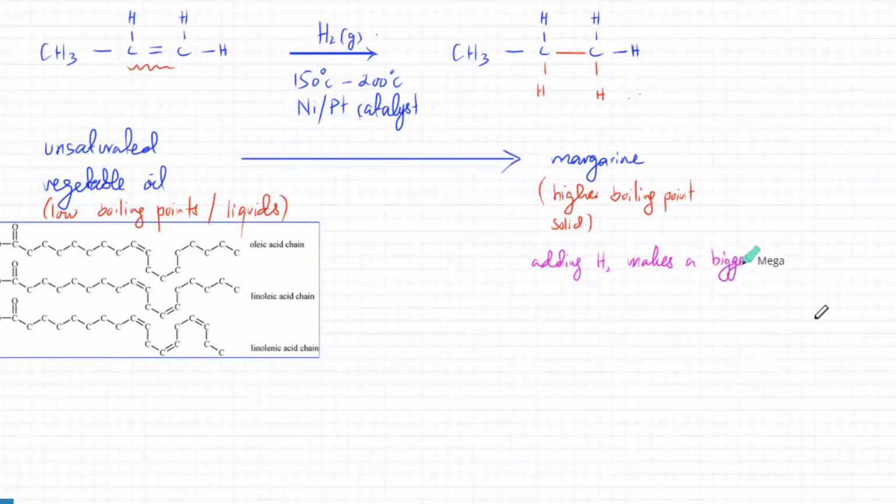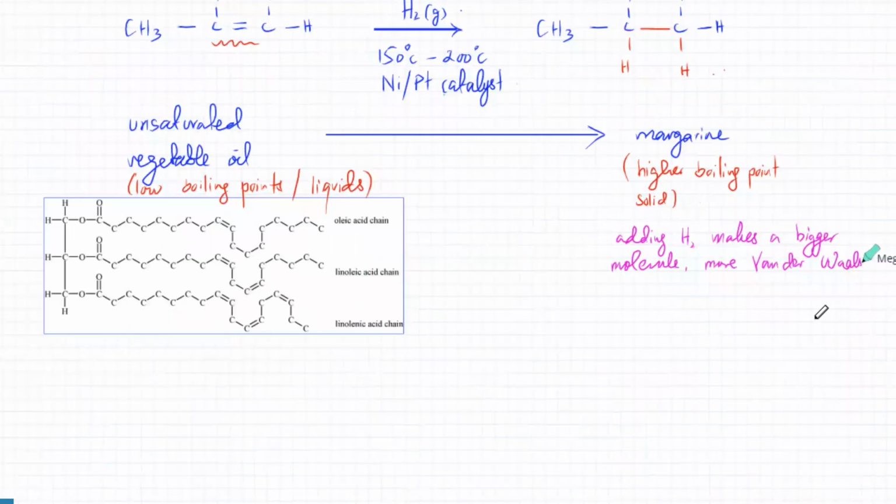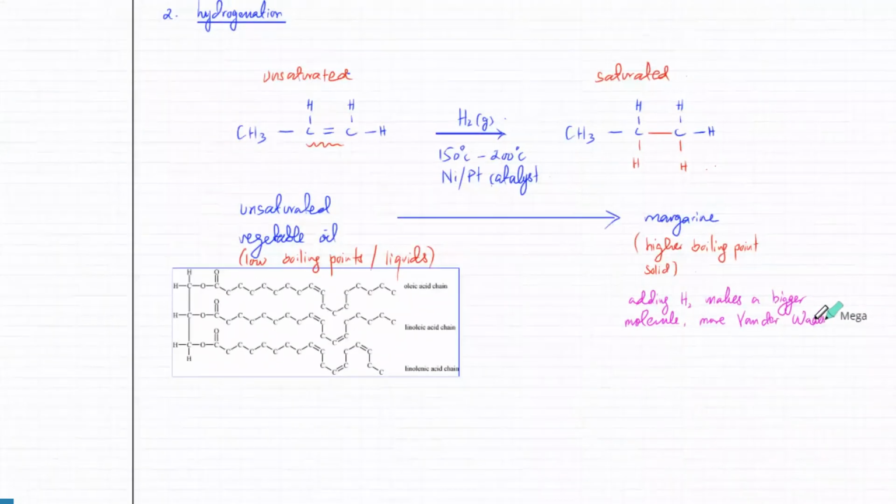Right. So it makes a bigger molecule, which is why you'll have more van der Waals forces, which is why margarine has a slightly higher boiling point, right? Is that clear, everyone?